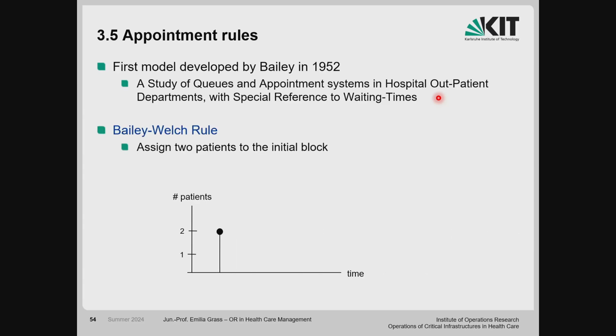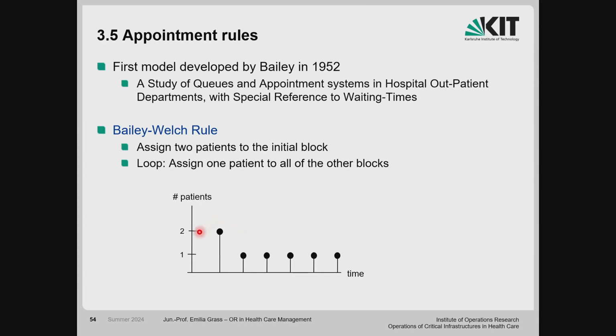And this is a very popular and famous Bailey-Welsh rule. They said it is beneficial to assign at the beginning, so we open at 8, so just starting with 2 patients. So 2 patients are coming at 8, and then we have a loop assigning 1 patient to all other blocks. So every, let's say, 15 minutes, 1 patient is coming.